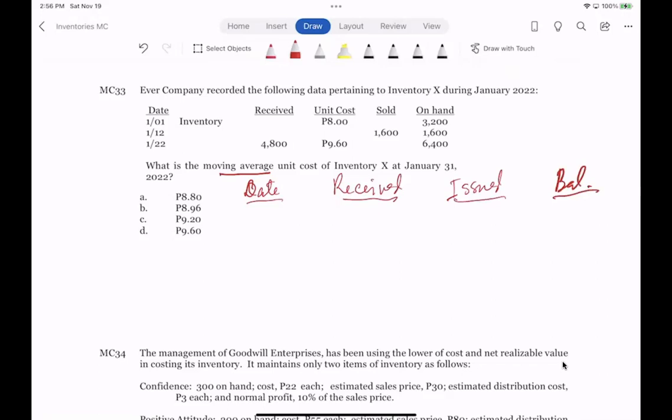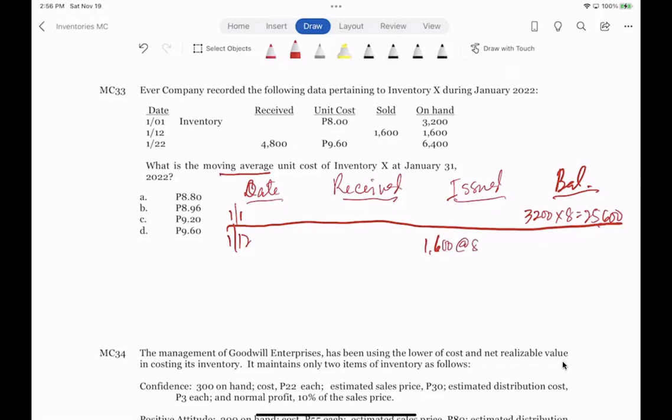Okay, so on January 1, our balance is composed of 3,200 at 8. So 3,200 times 8 is 25,600. And then January 12, we sold 1,600. So 1,600 will be valued, this is your cost of goods sold, still at 8.